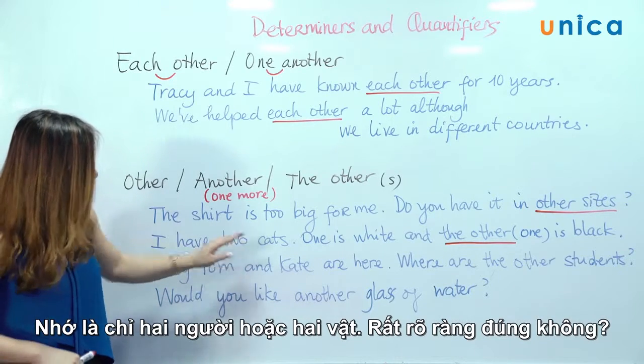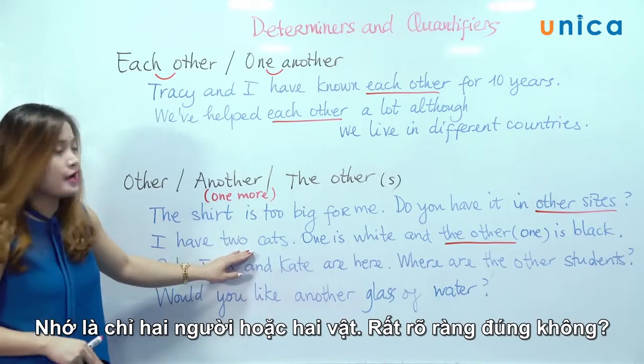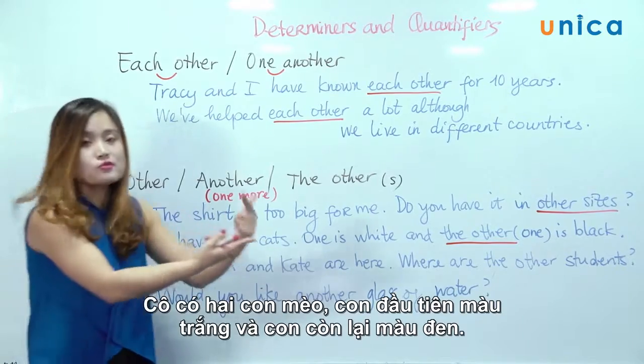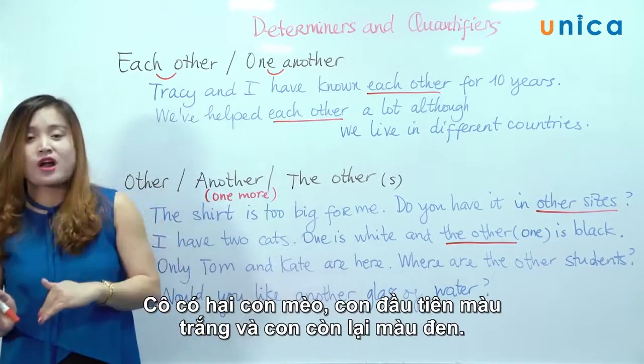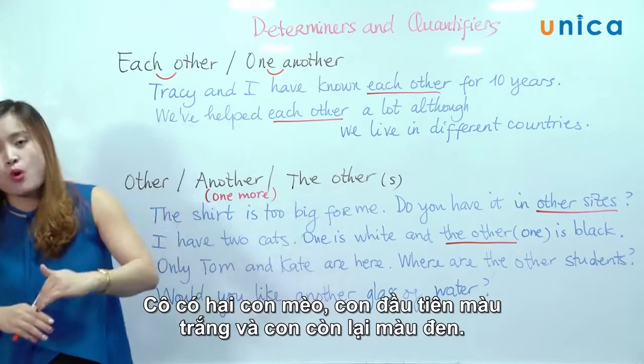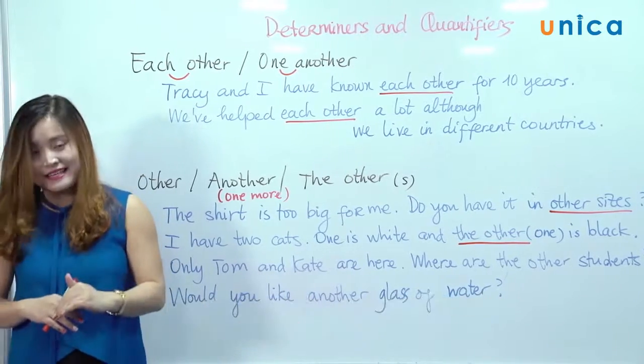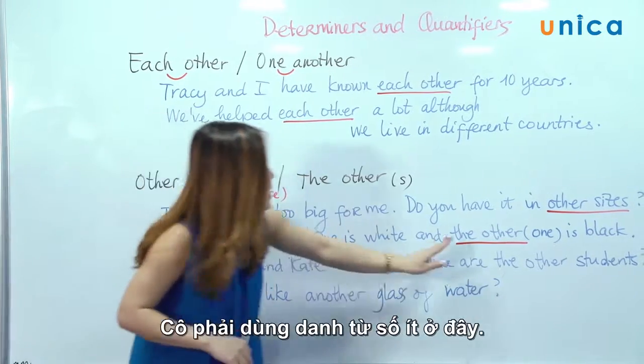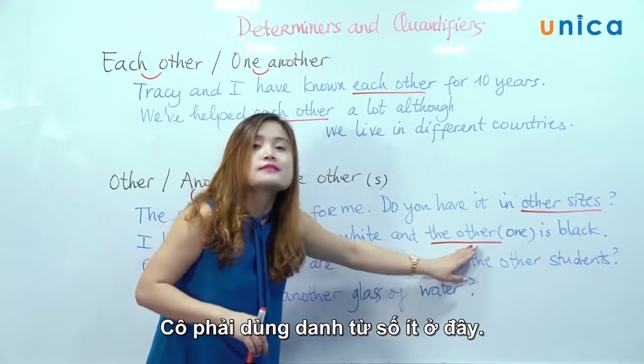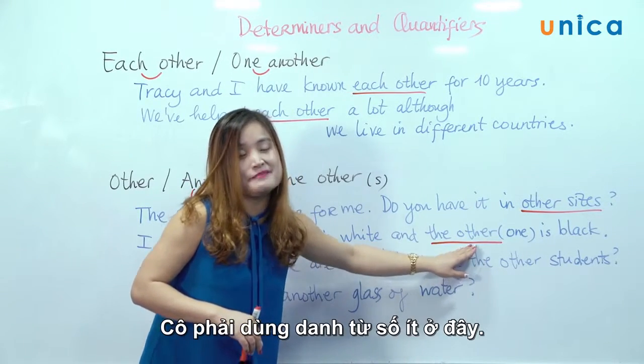So here you see, very clear, right? I have 2 cats. Now, the first one is white and the other one, that means the second one, is black. So you have to use a singular noun here.